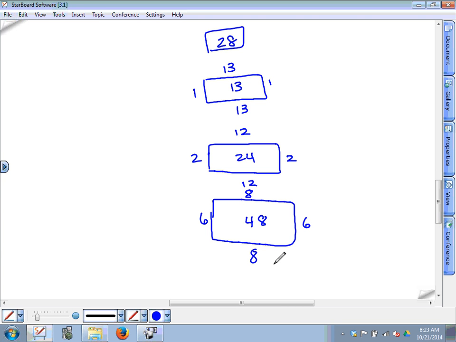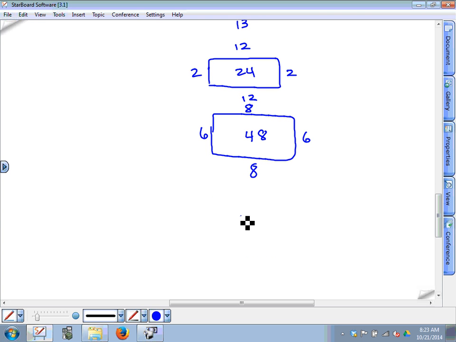So using the same amount of perimeter and changing the dimensions of the enclosure, we're increasing the area. So the question is, what's going to yield the maximum area? What if we had a 7 by 7 by 7 by 7? The area of that is 49. How do we know that's the maximum area?